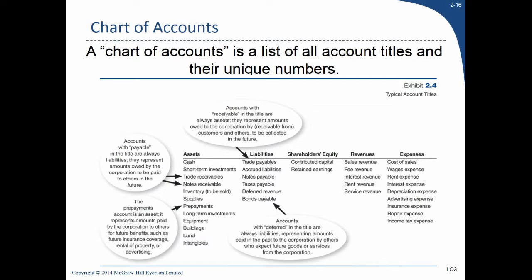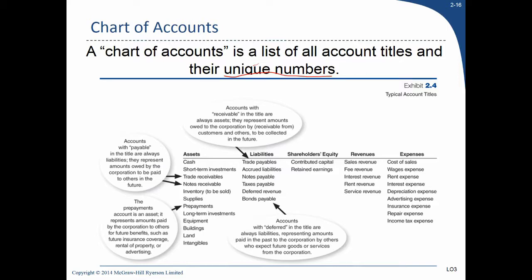A chart of accounts is a list of all the account titles and their unique numbers. So why is it important to have unique numbers for every account? Oftentimes now in our digital systems, we identify accounts by numbers. Cash might be account 100. Accounts receivable might be account 105. If you have two accounts with the same ID, that's a problem.